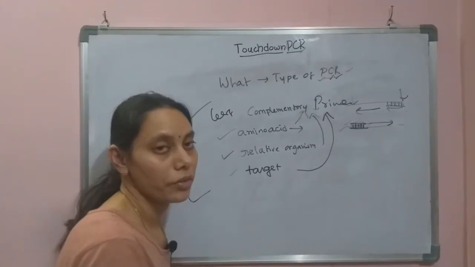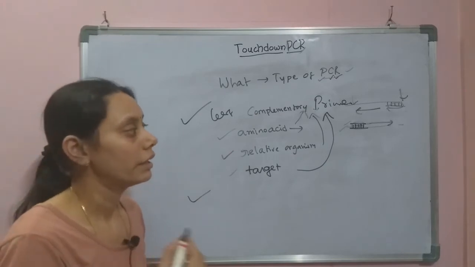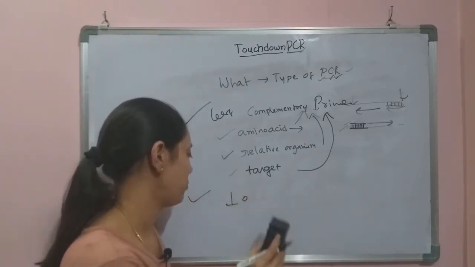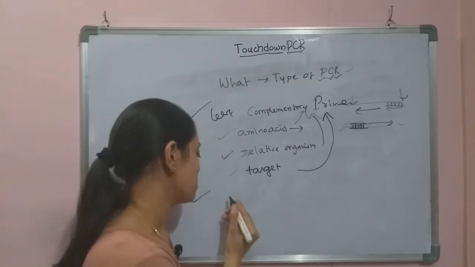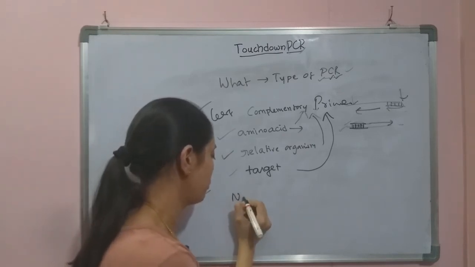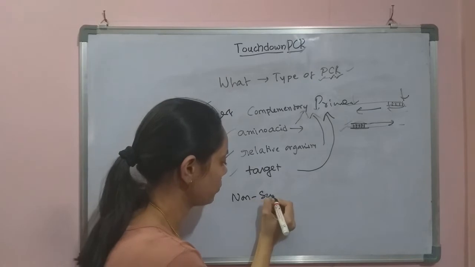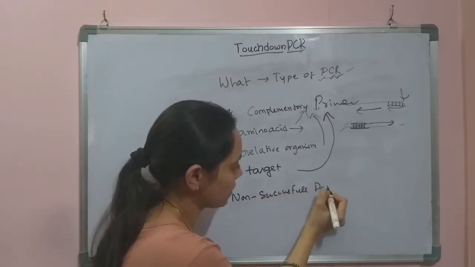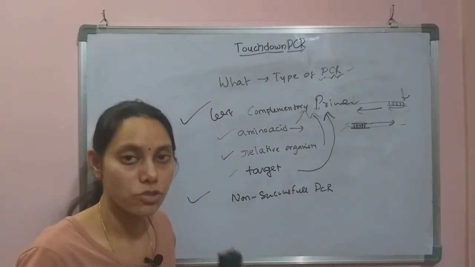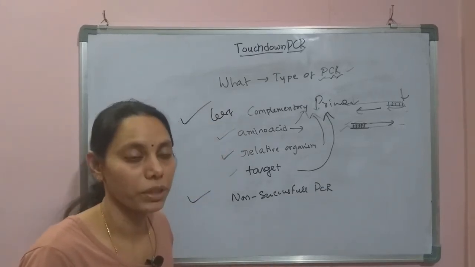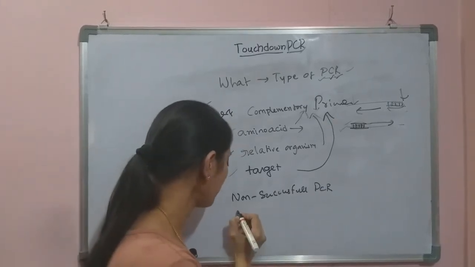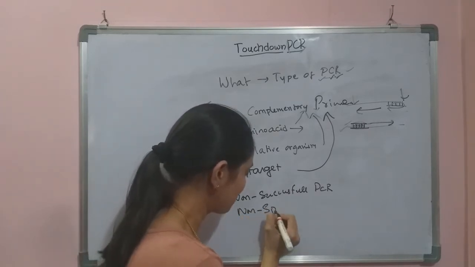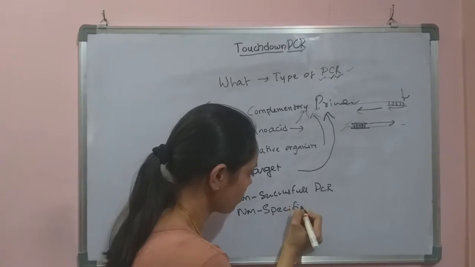Less complementary primers generally lead to the inhibition of PCR, or unsuccessful PCR. They stop the PCR amplification completely, or they can also cause non-specific amplification.